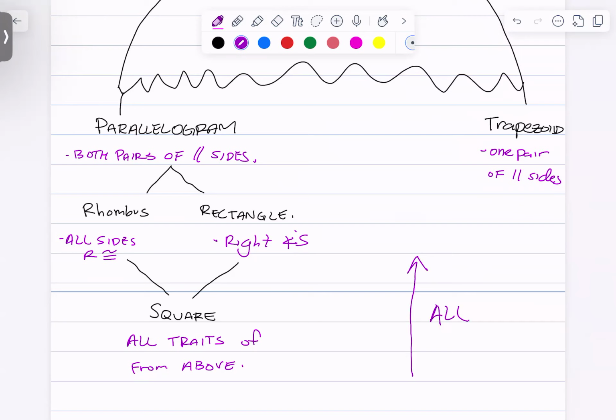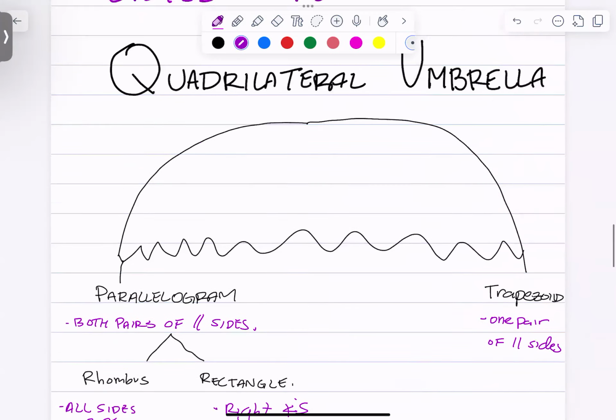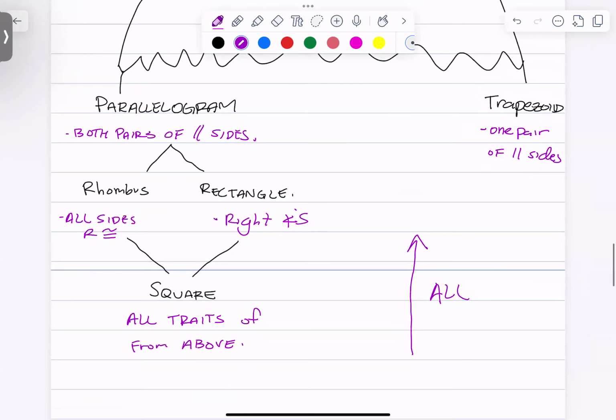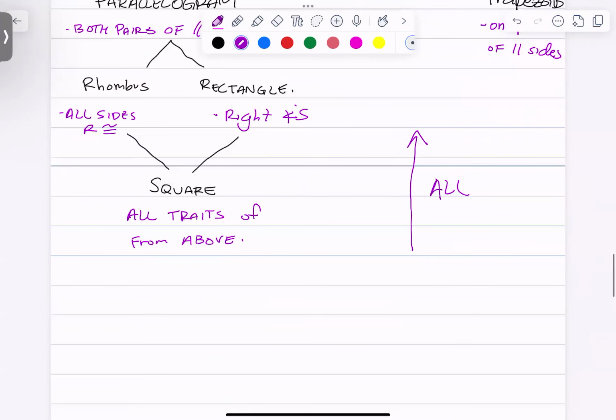All squares are rhombuses. All squares are rectangles. All rhombuses are parallelograms. All rectangles are parallelograms. All parallelograms are quadrilaterals. That makes sense?